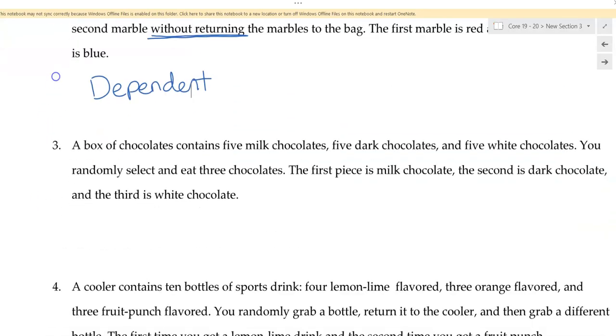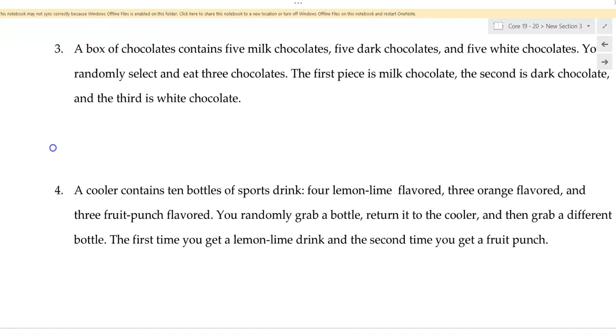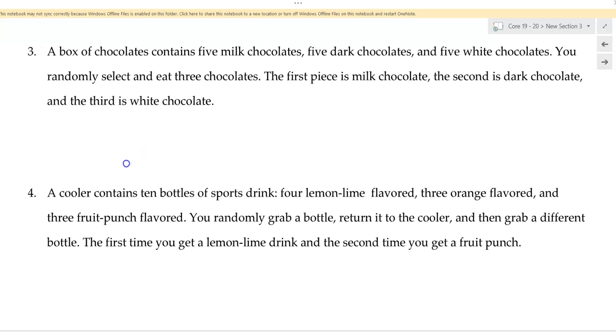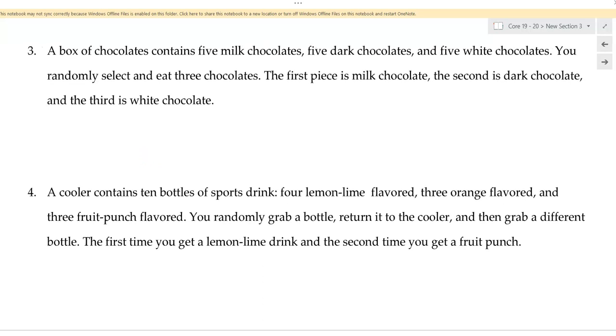Looking at number 3. A box of chocolates contains 5 milk chocolates, 5 dark chocolates, and 5 white chocolates. You randomly select and eat 3 chocolates. Okay? It's milk, and then dark, and then white. So when I first go to choose, look at my box, right? I have 5, 5, and 5. I have a total of 15 chocolates. I choose one.